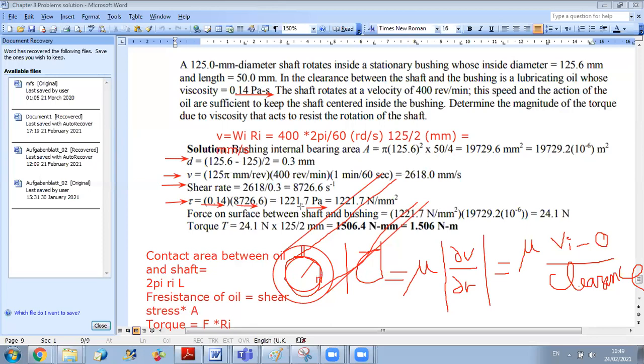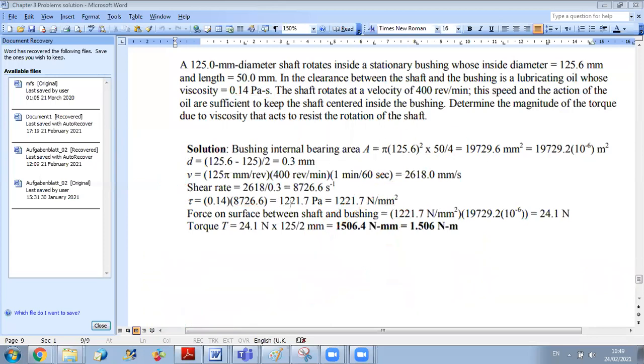Here it's wrong what they wrote. It's Newton per meter square, because the SI unit of Pascal is Newton per meter square. So if you use the viscosity in Pascal second and shear rate in second minus 1, you will get your tau in Pascal, which is Newton per meter square. Now you can convert it to millimeter square if you want.